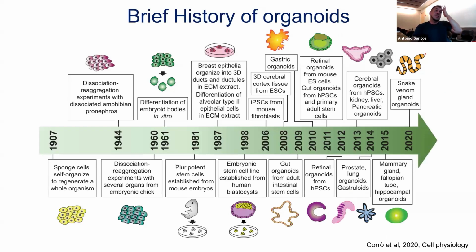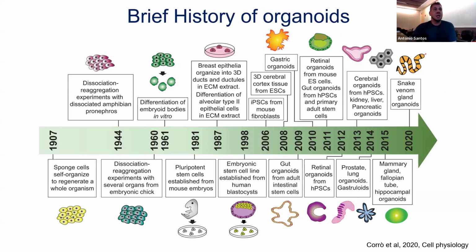This slide here is a brief history of organoids, just to give an idea of what they are and what they represent. Modern organoids start in 2009 with intestine and gastric organoids. But there are all sorts of organoids. Nowadays, we can make organoids from any animal.